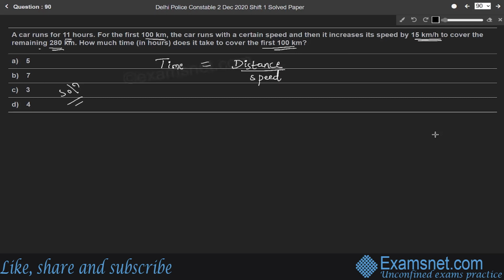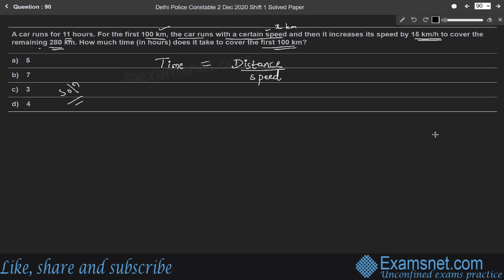Let the speed of the car initially be x kilometer per hour, right? For the first 100 kilometers, the car runs with certain speed. Let this speed be x kilometer per hour, right?